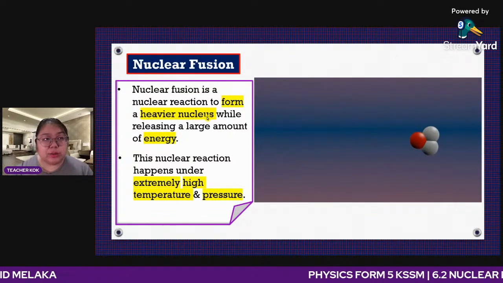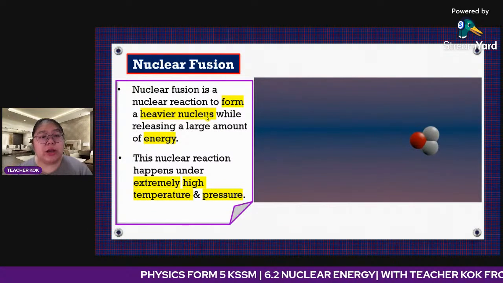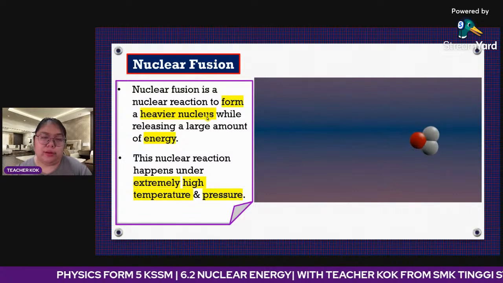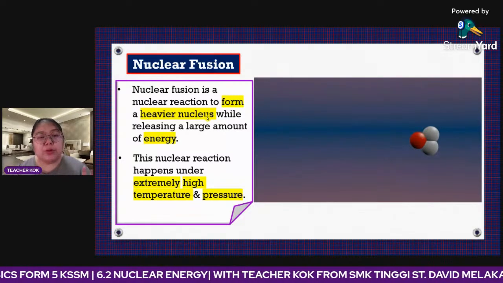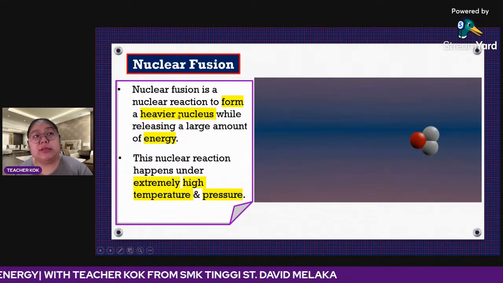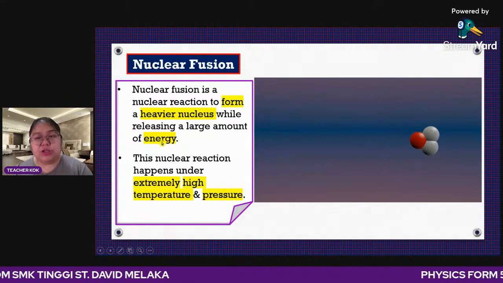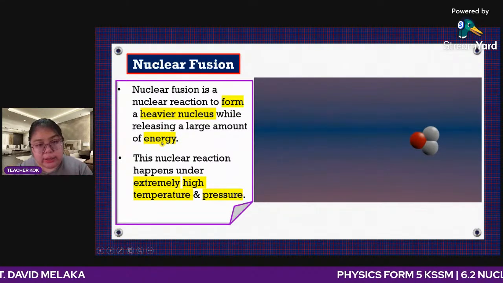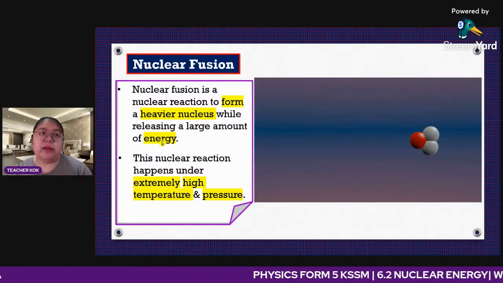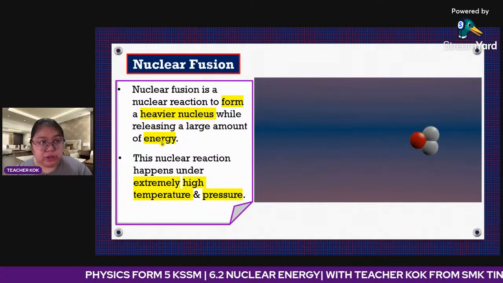Just now it split to become lighter, but in fusion they want to combine. They don't want to split. They combine, and after that they produce a heavy nucleus while releasing a large amount of energy. That means when they combine, they also produce energy. So this is what we call nuclear fusion.